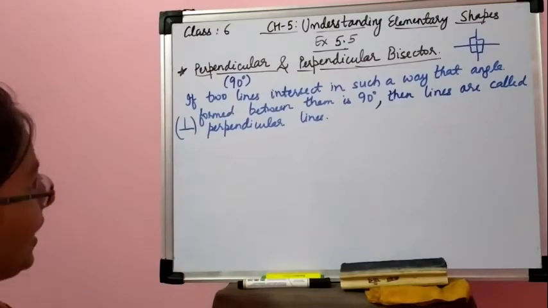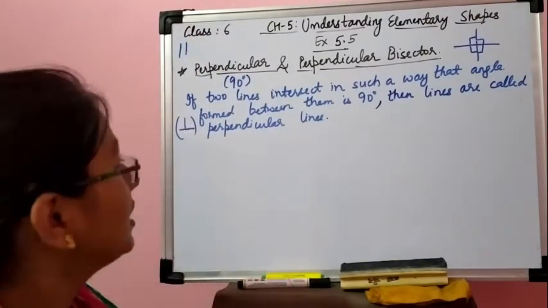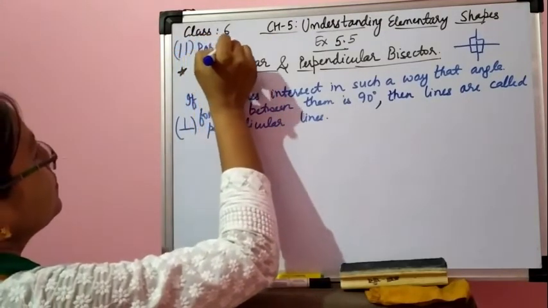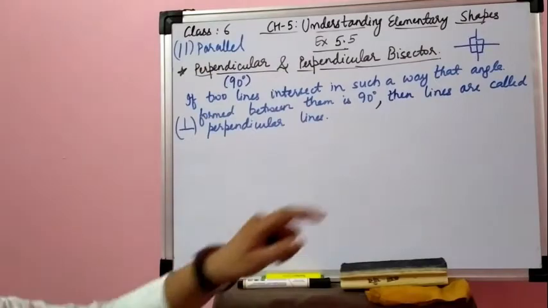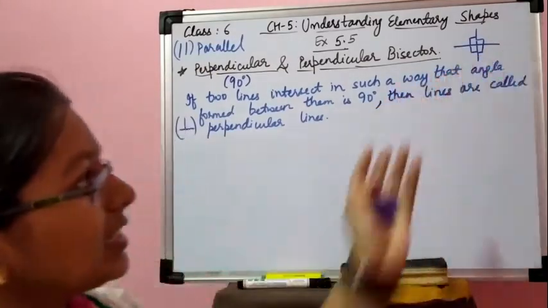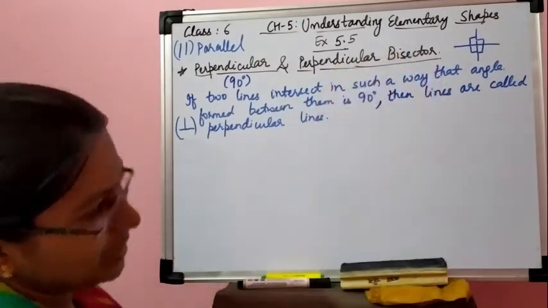Like parallel, we use this symbol, and for perpendicular we use this symbol. This symbol is for parallel. So when the angle formed between two lines is 90 degree, then the lines are said to be perpendicular lines. Now what is perpendicular bisector?